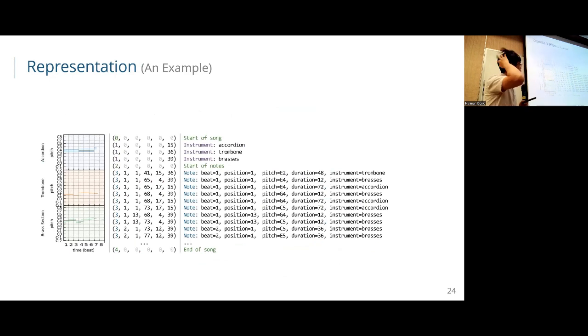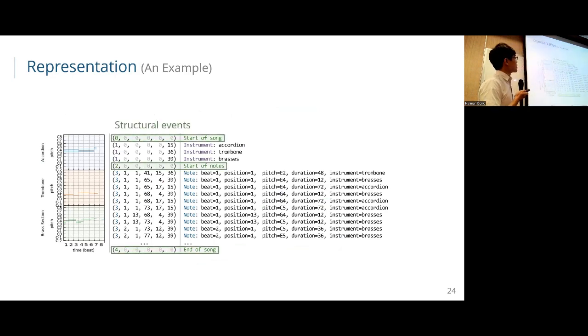So here's an example of how we represent music in this NLP-friendly, or transformer-friendly, representation. First we have structural events that define the structure of the whole representation. We also specify the instruments first.